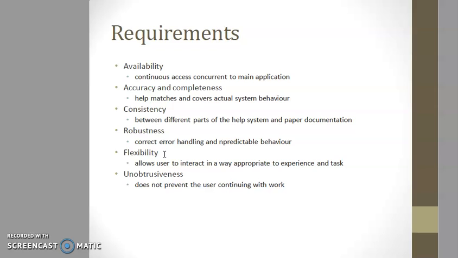Many systems will produce the same help message regardless of the expertise of the user seeking help or the context in which they are working. A flexible help system will allow each user to interact with it in a way appropriate to his needs.